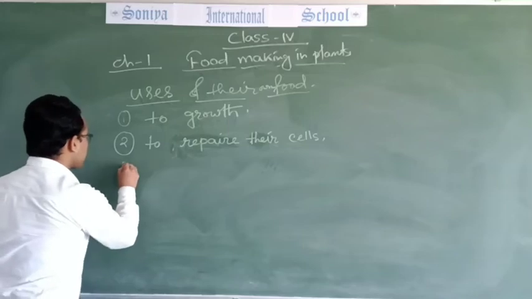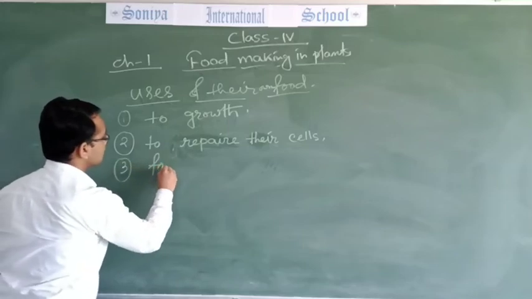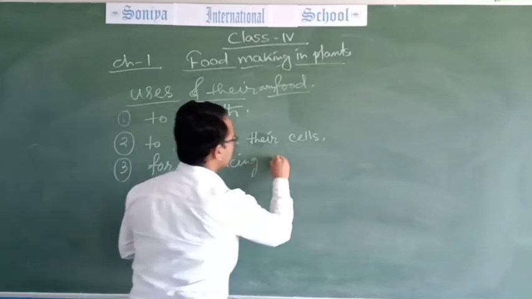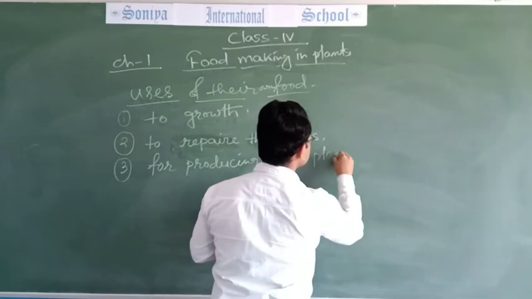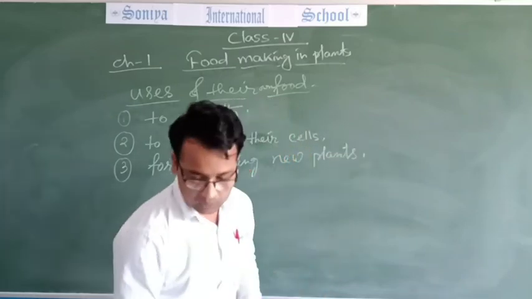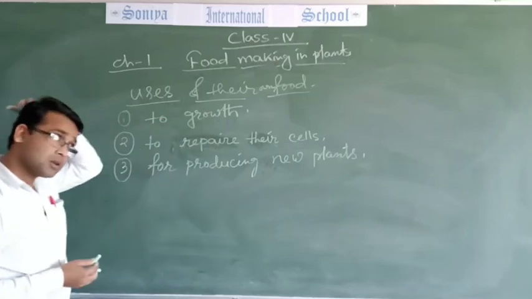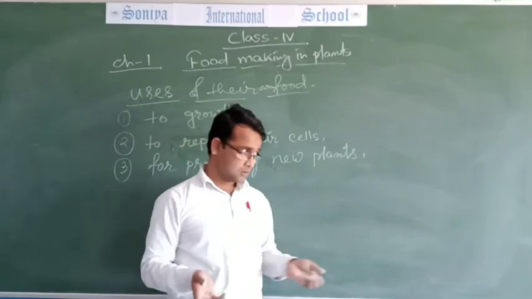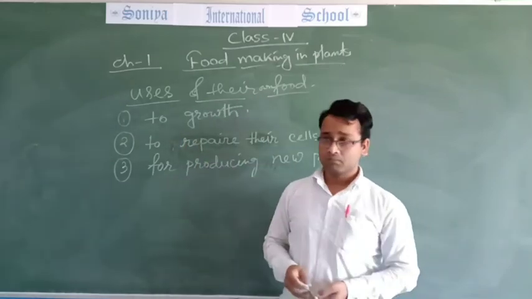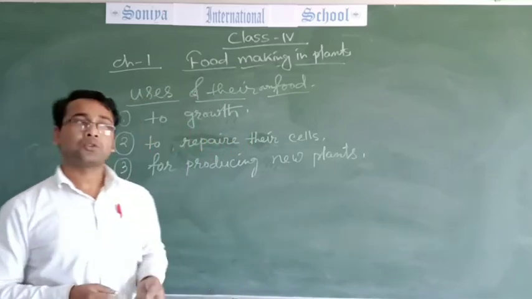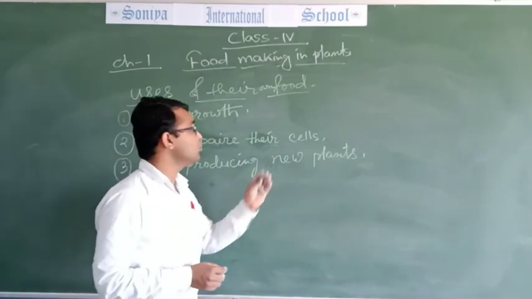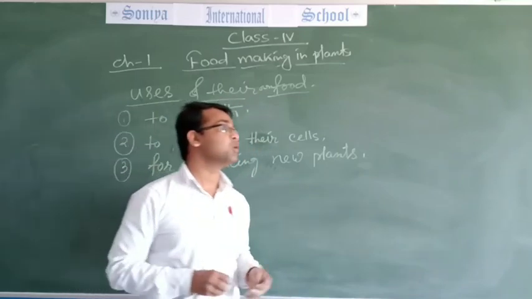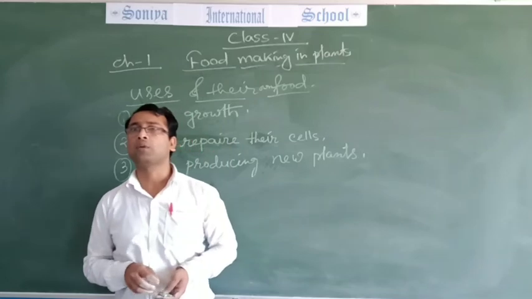Third one, for producing new plants. New plants means seedlings, stems, and flowers. For producing new plants, the excess food is stored in the form of starch.